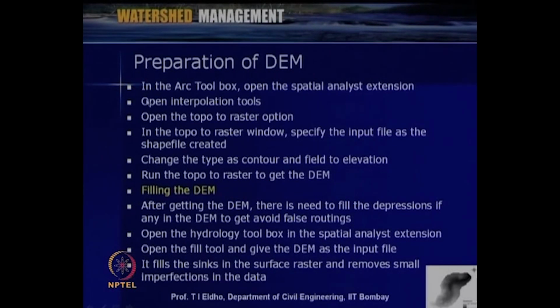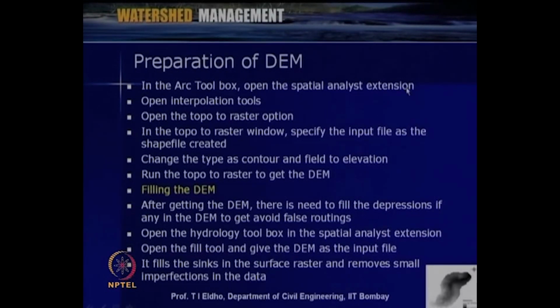The steps are listed here. In the ArcToolbox, open the Spatial Analyst extension, open interpolation tools, open the Topo to Raster option. Then in the Topo to Raster window, specify the input file as the shapefile created. Now change the type to contour and field to elevation. Then run Topo to Raster to get the DEM.